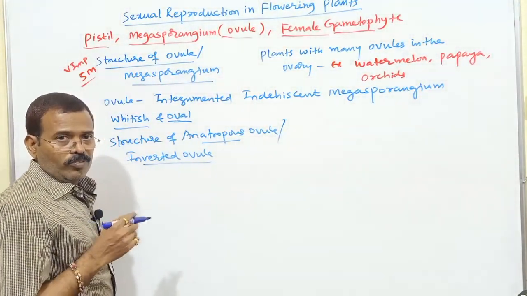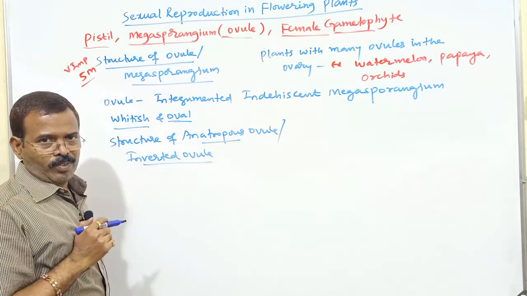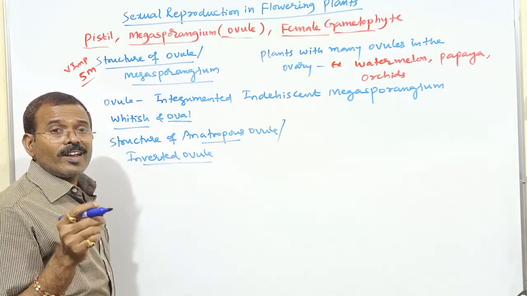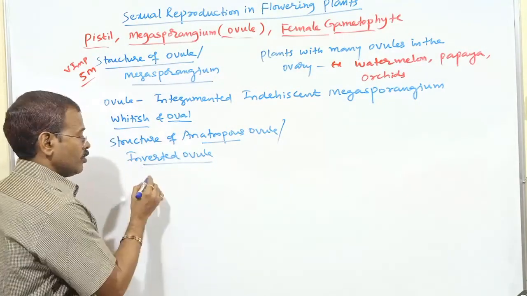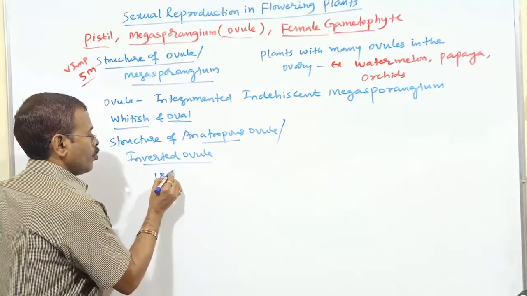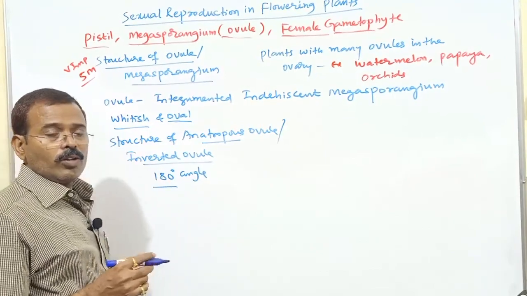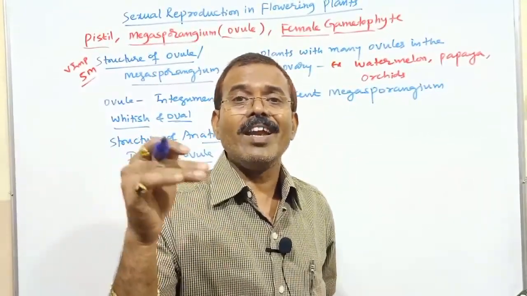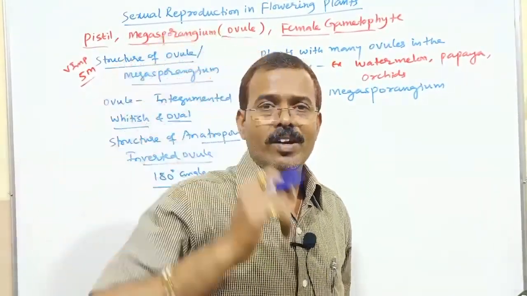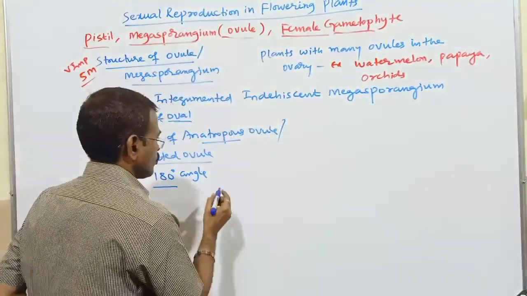The ovule which is inverted and takes a turn of 180-degree angle is the inverted ovule.